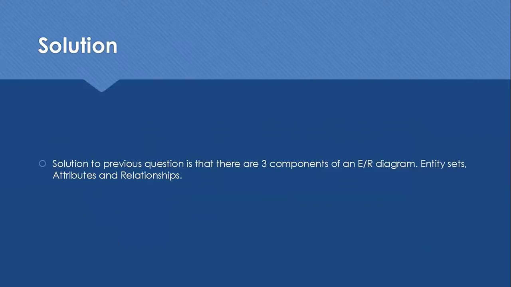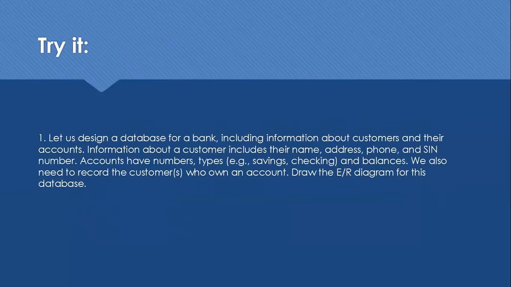Here is a quiz question for you to try and see what you got out of this video. The question says, let's design a database for a bank, including information about customers and their accounts. Information about a customer includes their name, address, phone, and SIN number.